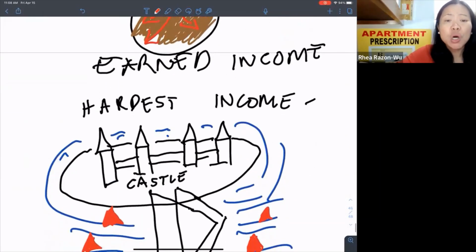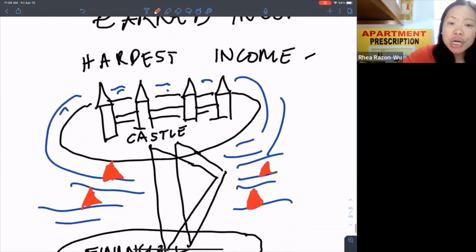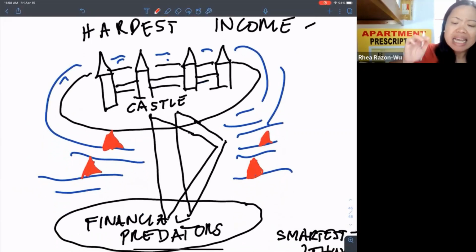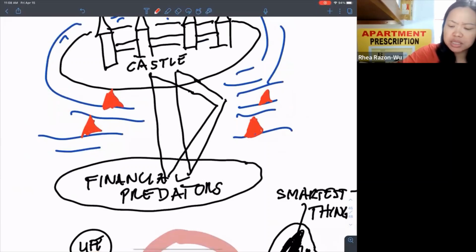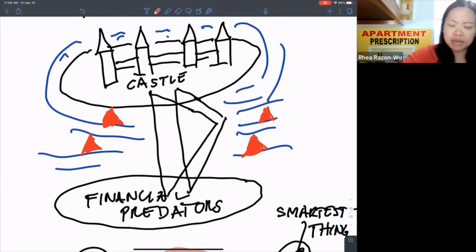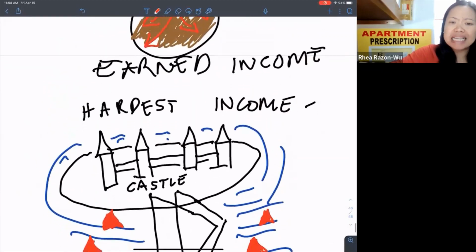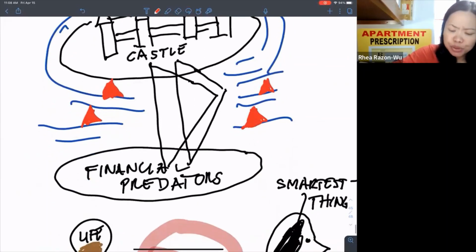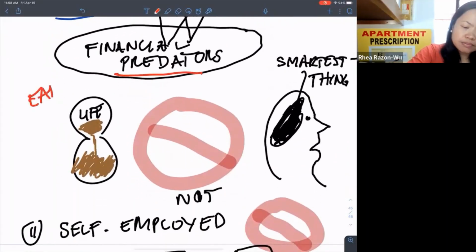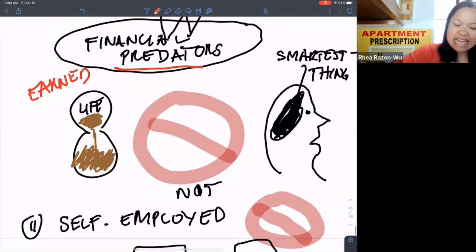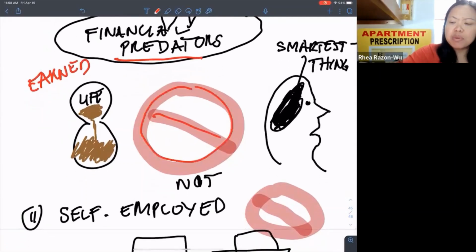According to the book, earned income is the hardest income to protect from financial predators, from the sharks. This is our castle, our income. And earned income is the hardest income to protect from financial predators. Therefore, earned income is not the smartest thing to do.